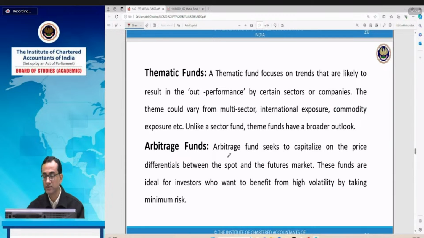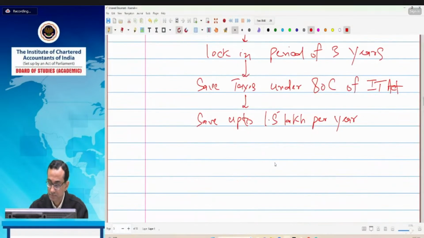A thematic fund focuses on trends that are likely to result in the outperformance by certain sectors or companies. Theme could be anything, means multi-sector, international exposure, commodity exposure, etc. Unlike a sector fund, theme funds have a broader outlook. So thematic funds are broader and sectoral funds are a narrower concept.